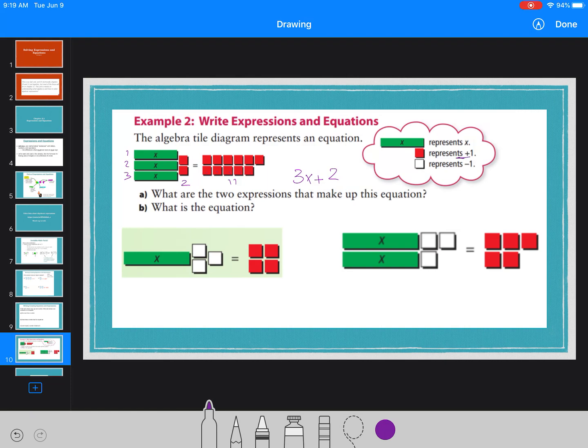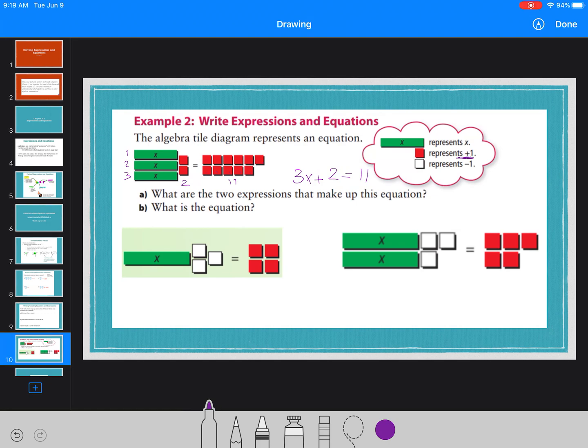Because those little red squares represent plus 1. So there's 2 of them. Plus 2 equals 11. We wouldn't put plus 11. It just equals 11. So 3x plus 2 equals 11.